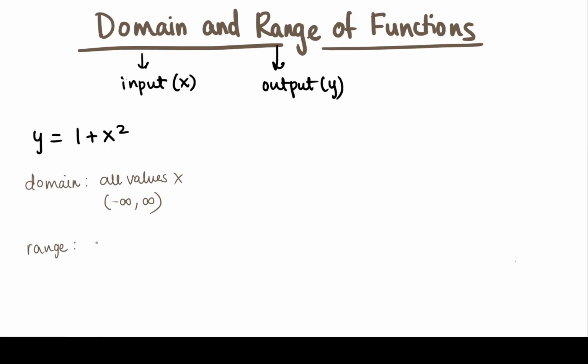So the range would be 1 or more, right? 1 or any number greater than that. And this can be written as 1 to infinity. Now here we are including 1, and 1 is not unbounded like infinity, so we use a square bracket.